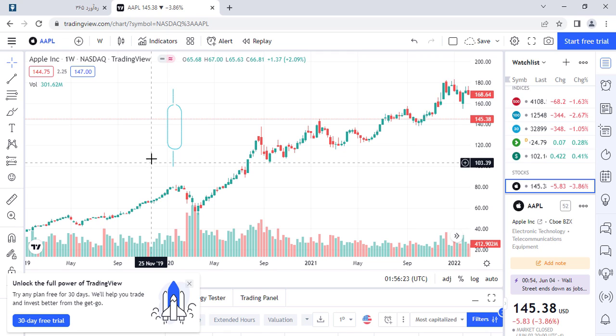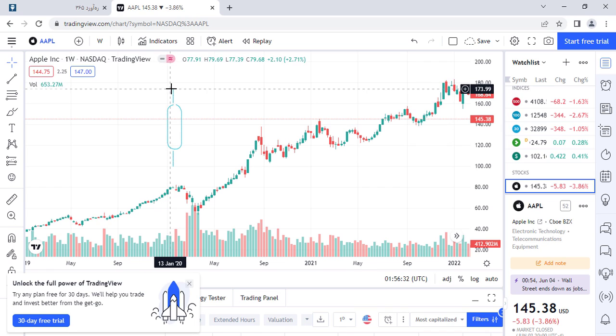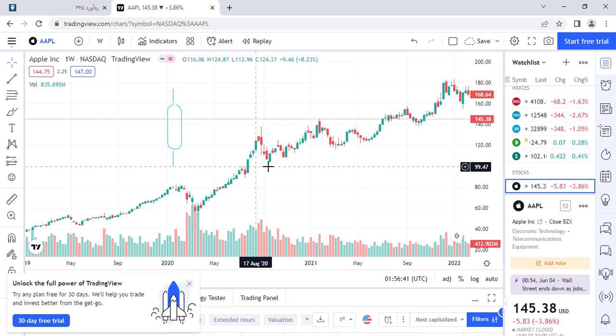In the candle's period of time, here is the highest price of this period of time, here $173, and here is $100, the lowest price of the candle.